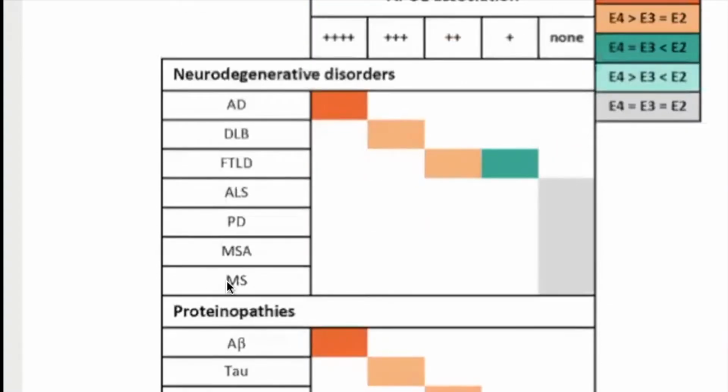Also for multiple sclerosis, there is another discussion correlated to cognitive decline, how this could be correlated with the APOE4 presence, and so we need further evidence to discuss all these points.